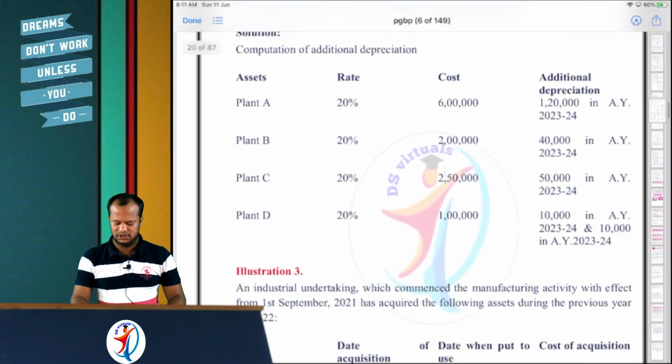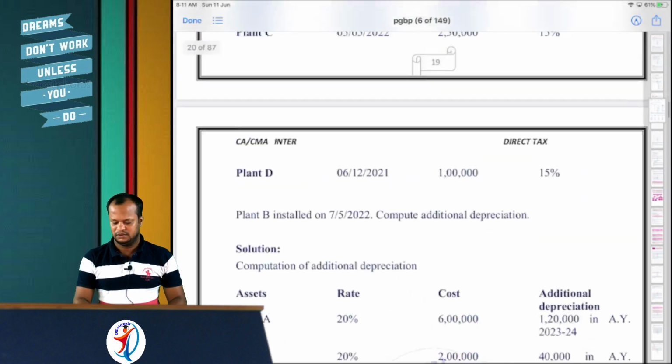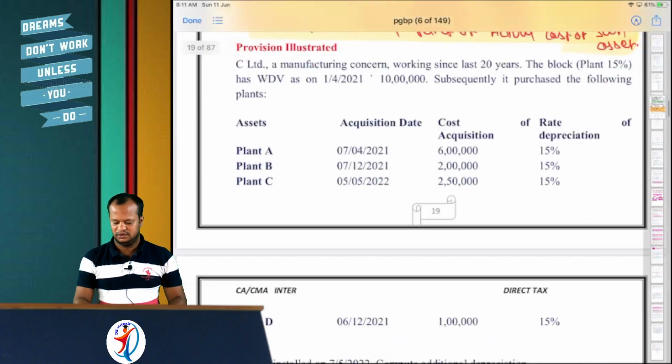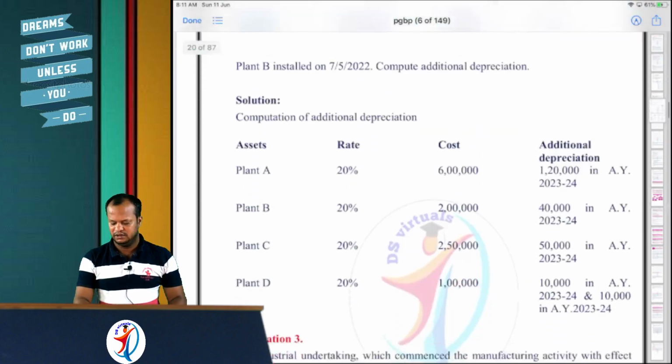So additional depreciation is 20% of 6 lakh, that is 1 lakh 20,000. It can be claimed in assessment year 22-23. The plant was acquired in 21-22 previous year. So 21-22 previous year means 22-23 assessment year.